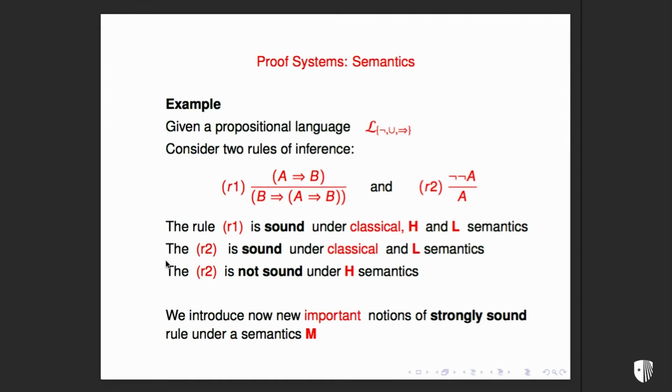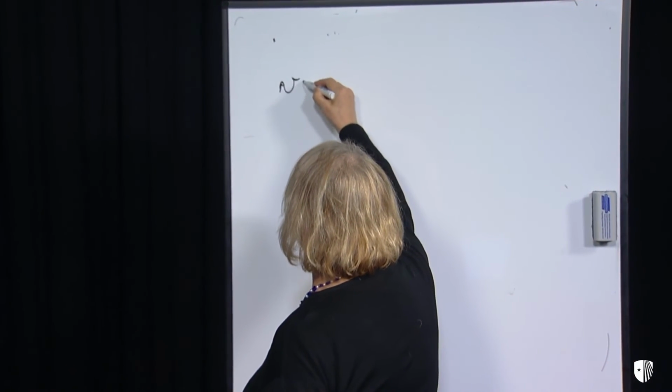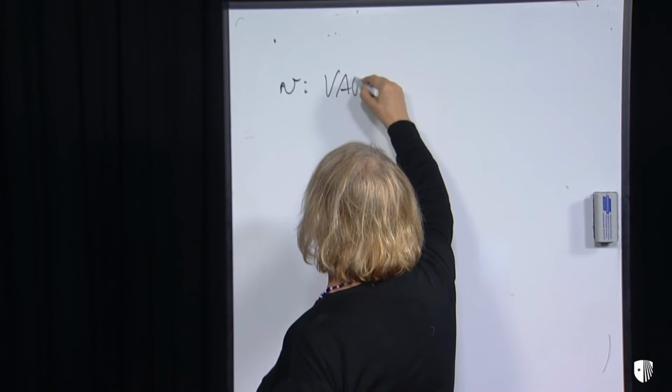For example, we have a little proof system of the language with negation, disjunction, and implication, with two rules of inference. The one-premise rule you can very easily see is sound under H semantics. We have a V which takes variables.